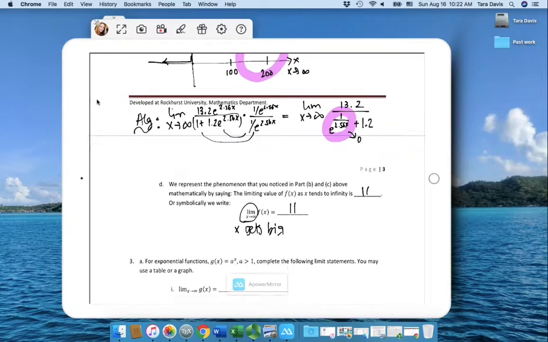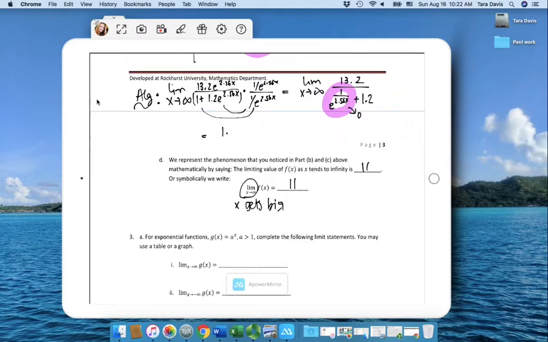So I can say that this is equal to 13.2 divided by 0 plus 1.2. You'll notice I didn't write limit as x goes to infinity now because I took the limit. So as x approaches infinity, this quantity approaches 13.2 over 1.2, which, if you simplify, is equal to 11.